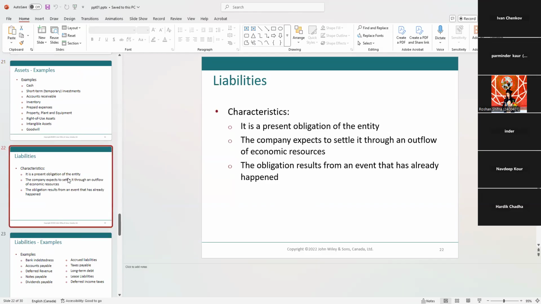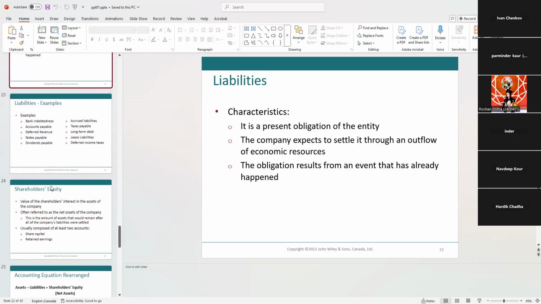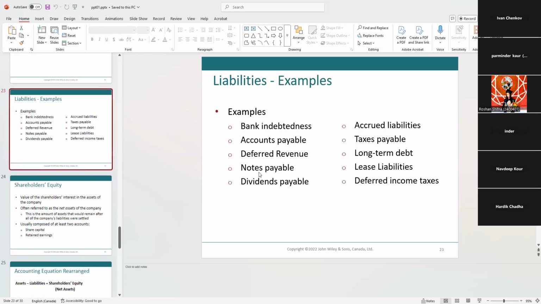Liabilities. A liability represents a current obligation which requires future payments or sacrifices of economic resources for something that happened in the past. And we have two types of liability, same thing with the assets: short-term liability and long-term liability.